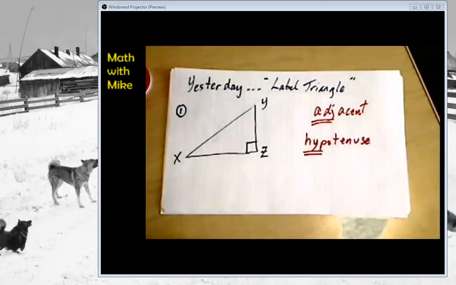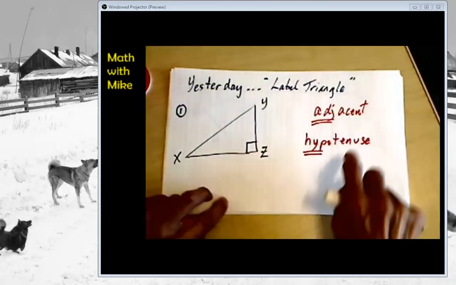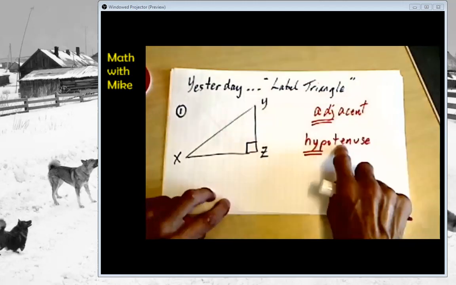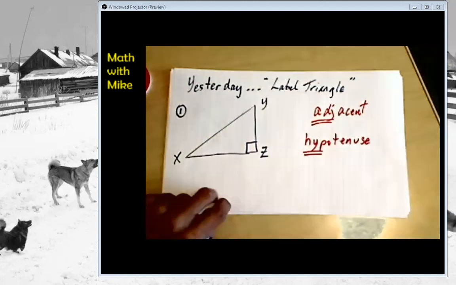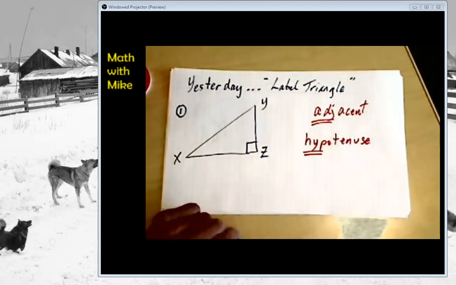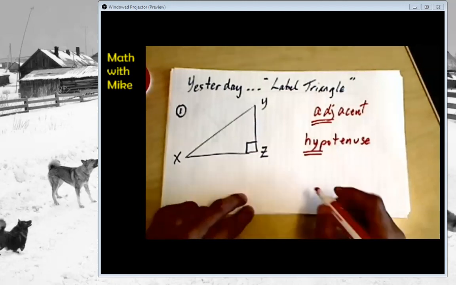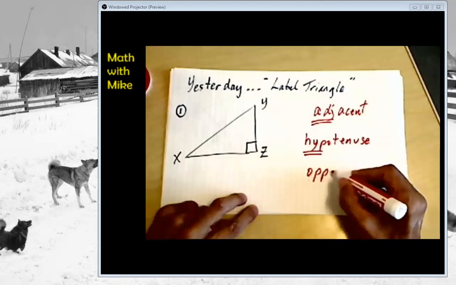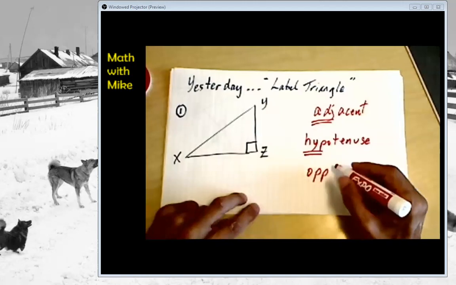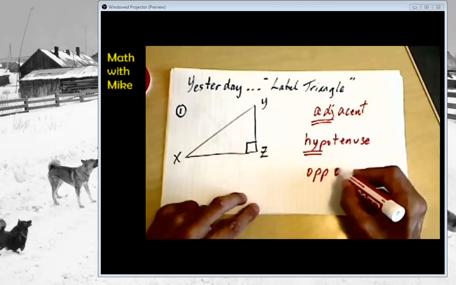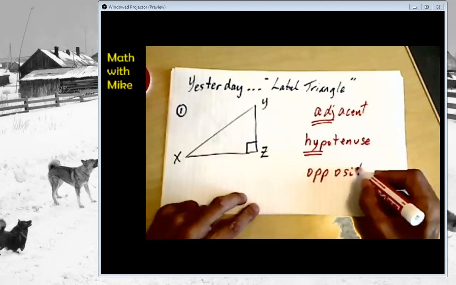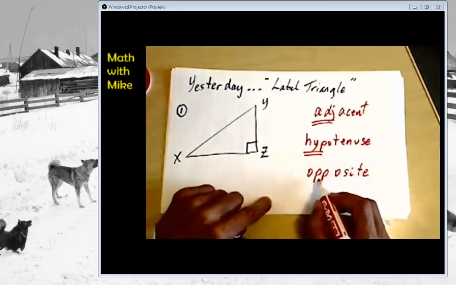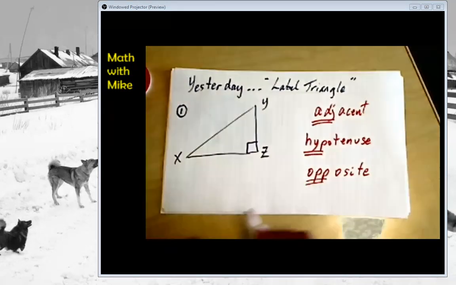Tangent is a word in this topic, but not the name of the third side. Opposite, yeah. I was going to say for tangent, it's a part of tangent. Top or bottom? The opposite side is the top of tangent or the bottom? I'll let you think about it. Okay, OPP for the opposite side.